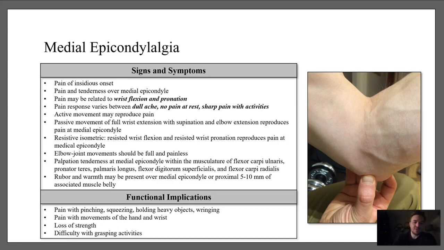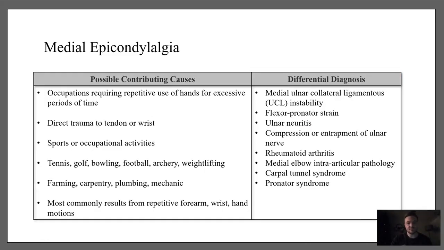So pain is usually related to wrist flexion and pronation, especially that combination of movement. And passive wrist extension with supination and elbow extension may reproduce pain, so that's another hallmark as well. So if you think of what you learned about lateral epicondylalgia and flip it, you can probably diagnose medial as well.